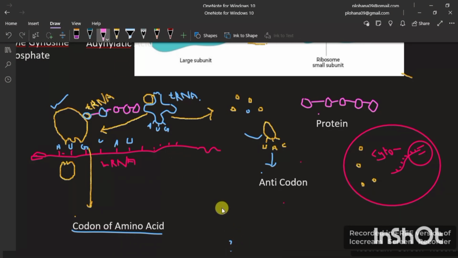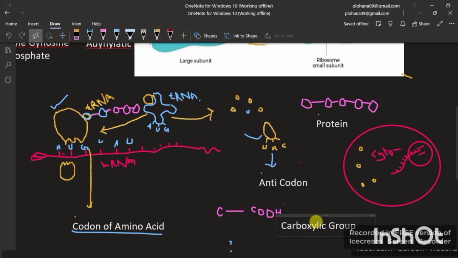So in the middle we have C, carbon. Here we have what? The carboxylic group, COOH. This is the carboxylic group, and in the center we do have the carbon.